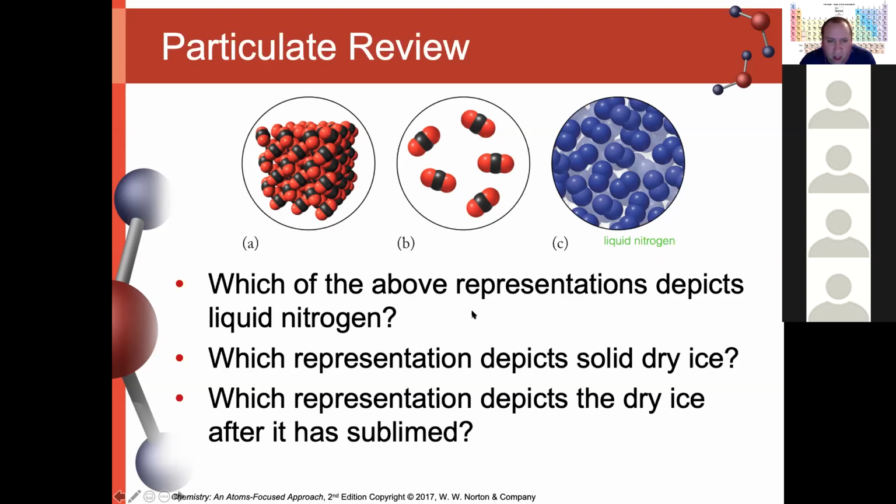Now, of A and B, which one would represent solid dry ice? That'd be A. And what makes you think A there, Brett? Basically, just because of the way the molecules are structured, they're more organized, they're more compact. That's exactly right.